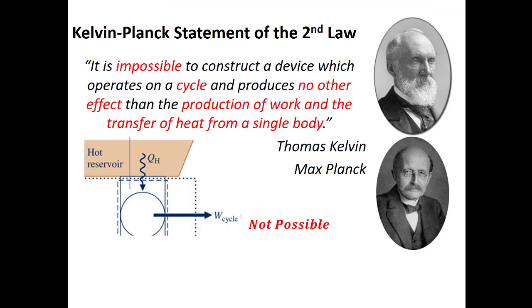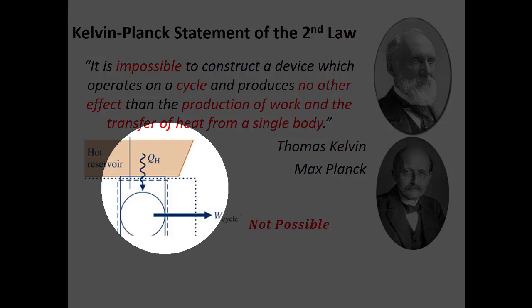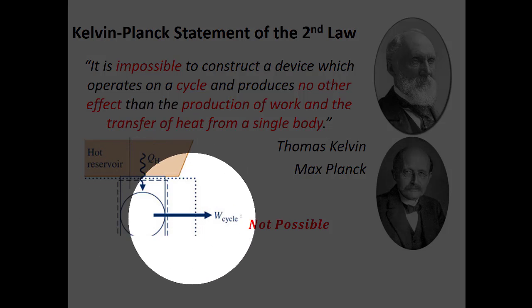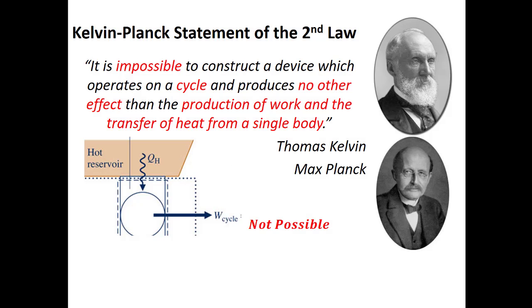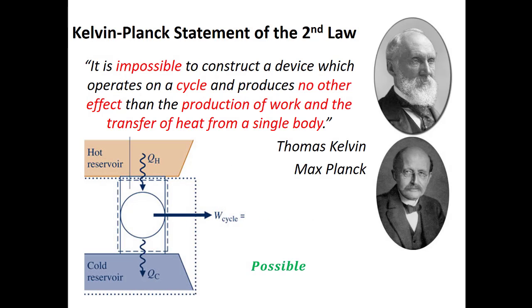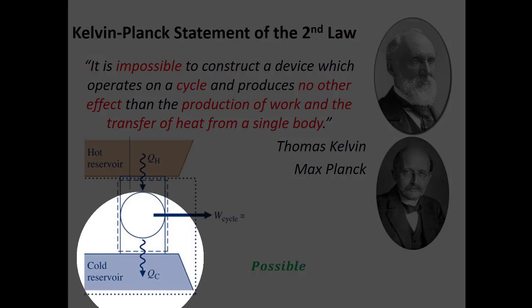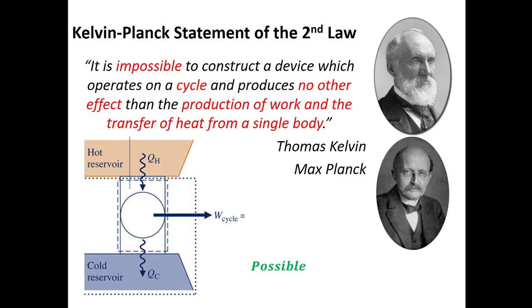And first, we started to talk about this conceptual understanding of the second law. And we talked about Kelvin and Planck, and they told us that you can make an engine or a machine that takes heat in from some hot reservoir and produces work, but you can't do that unless that engine is allowed to cool, rejecting heat to some cold reservoir.